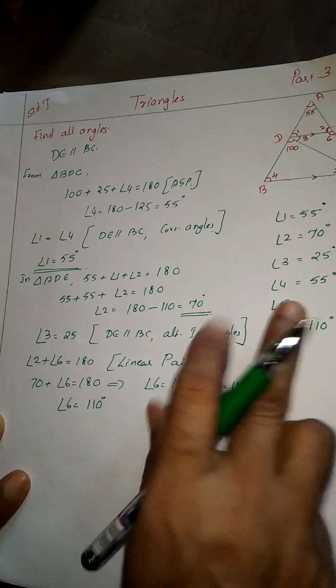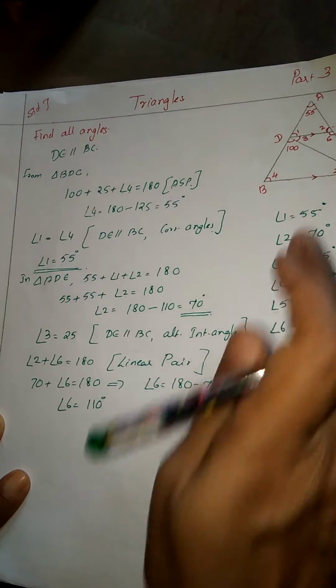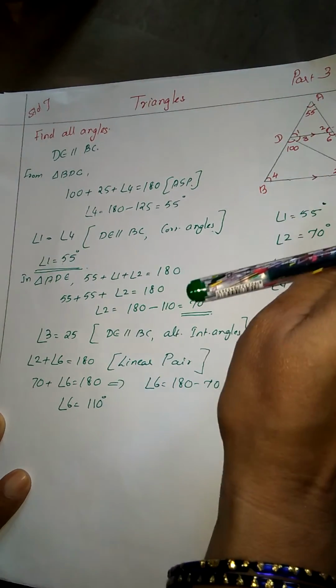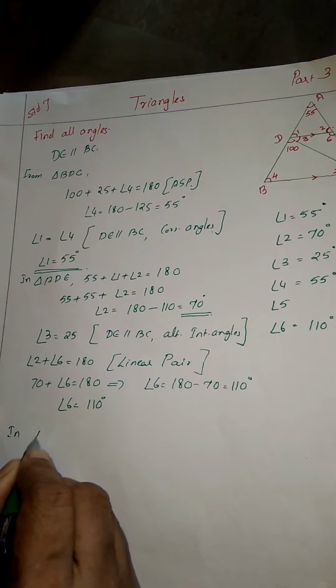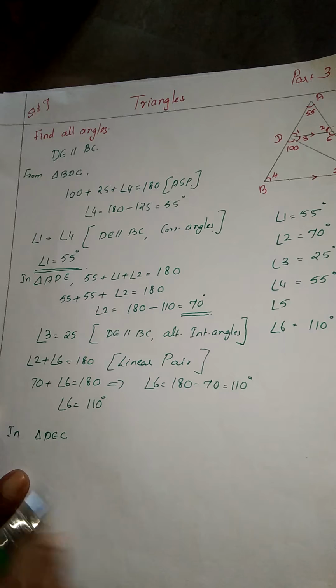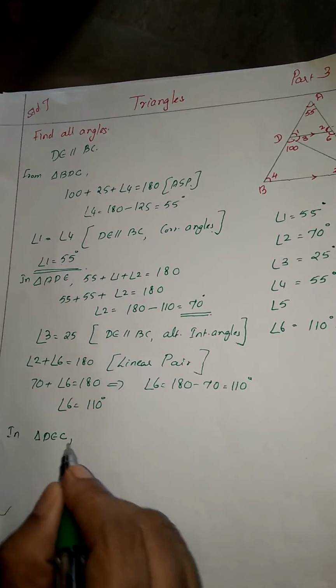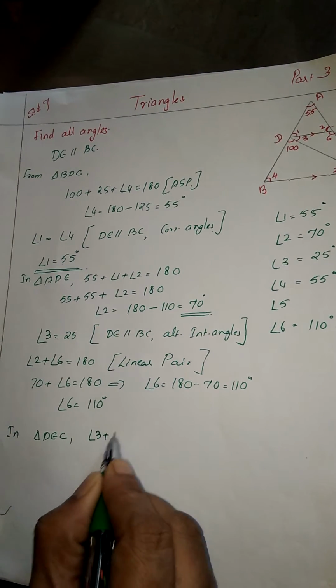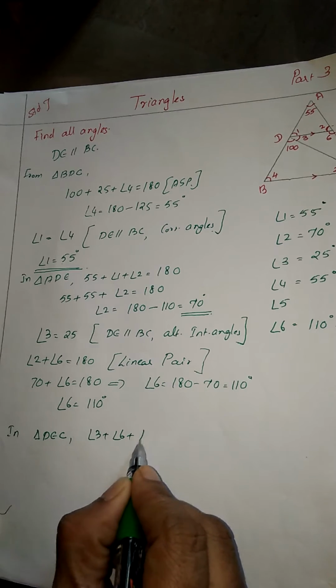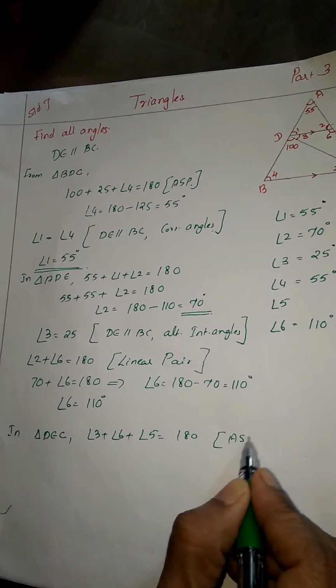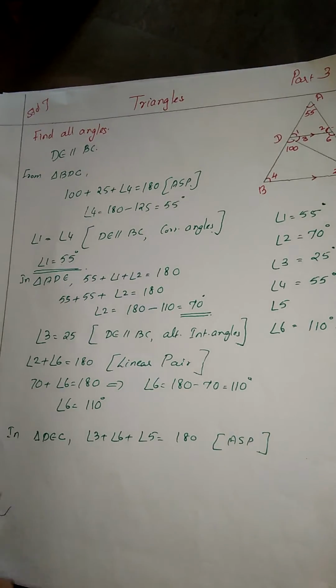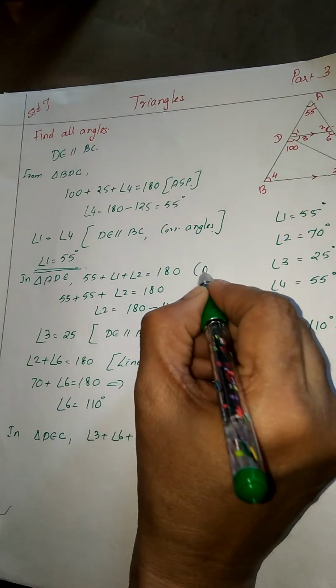Now we have to find angle 5. We know 3 and 6 and we have to find 5 here. So in triangle DEC, angle 3 plus angle 6 plus angle 5 is equal to 180. This is also angle sum property.